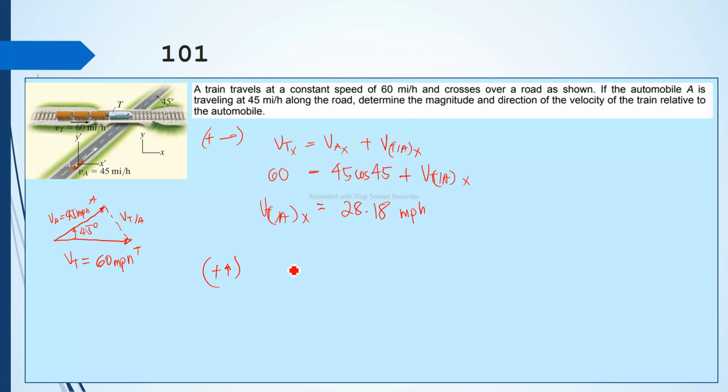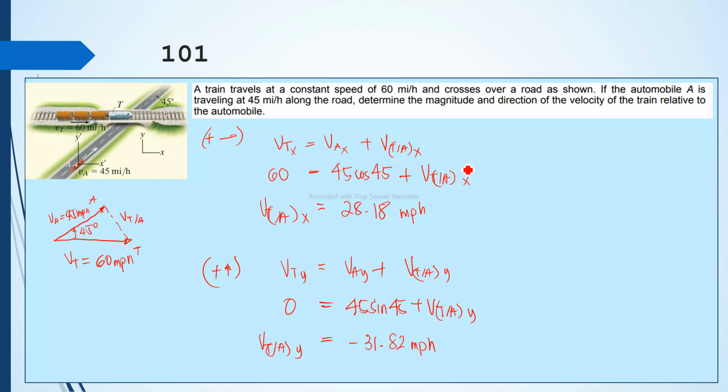Now along the y, we don't have a y component of the velocity of the train. So that is 0 is equal to 45 sine 45 plus the relative velocity of the train with respect to the automobile along the y. So that is just equal to negative 31.82 miles per hour.